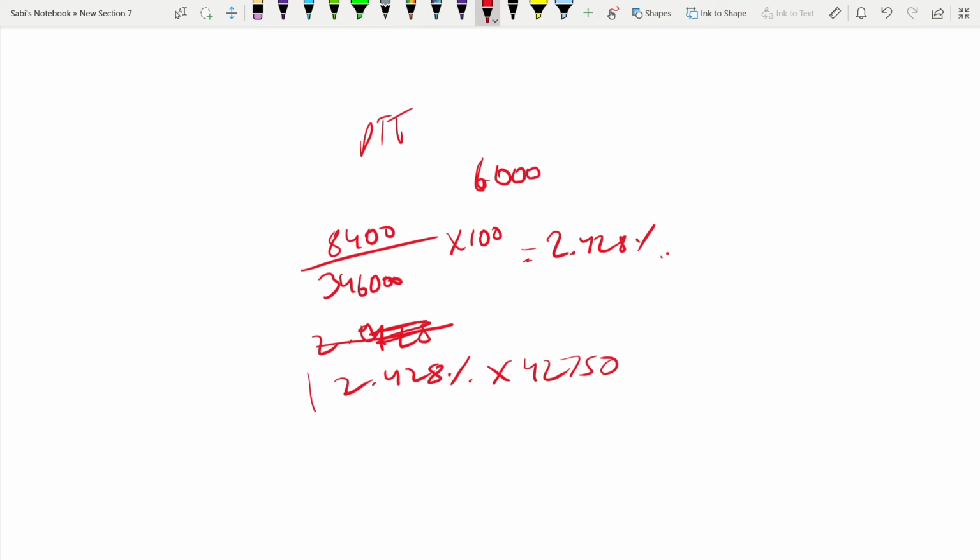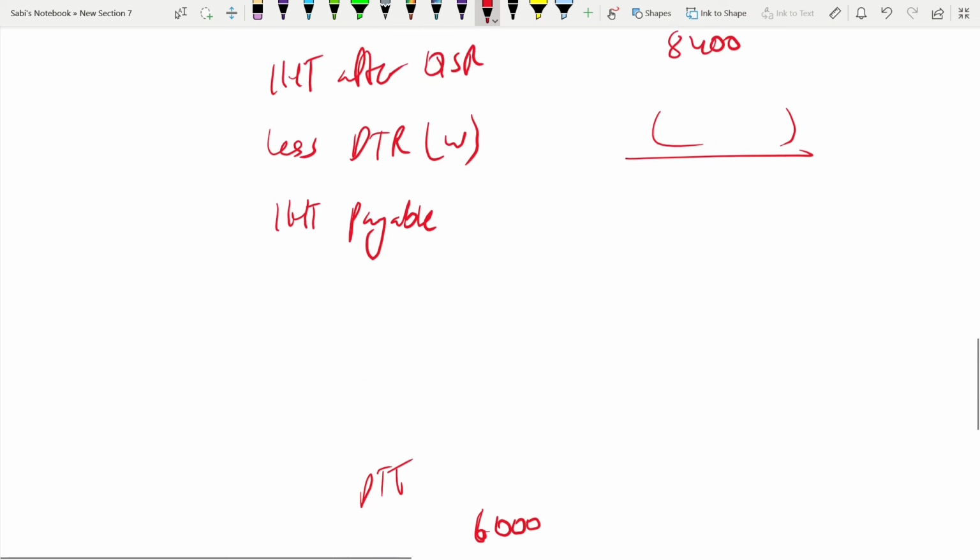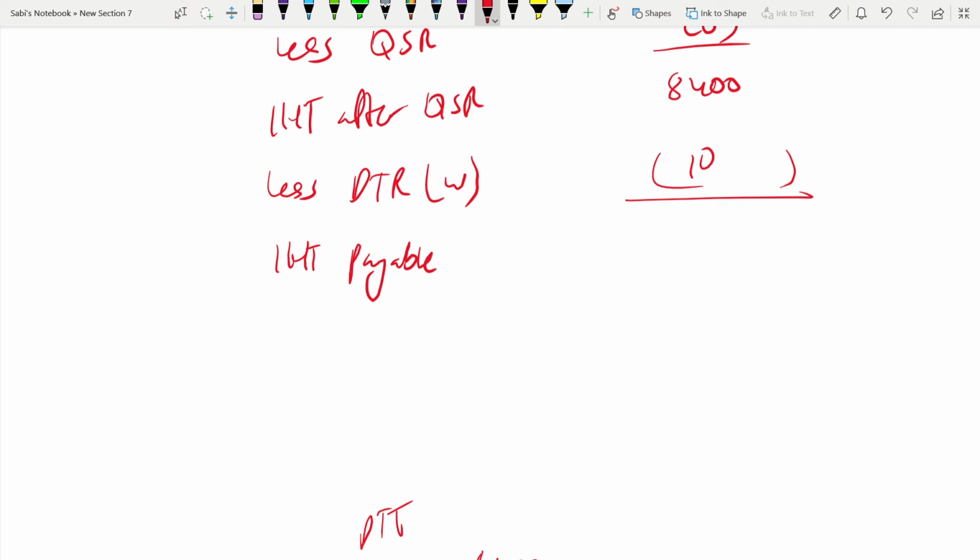This is what you have to find out. That's why you need that amount of IHT after QSR. Okay. Now it is 1,038. This one is lower than 6,000, the overseas tax suffered. So this is your DTR, 1,038. 7,362. This is your IHT.